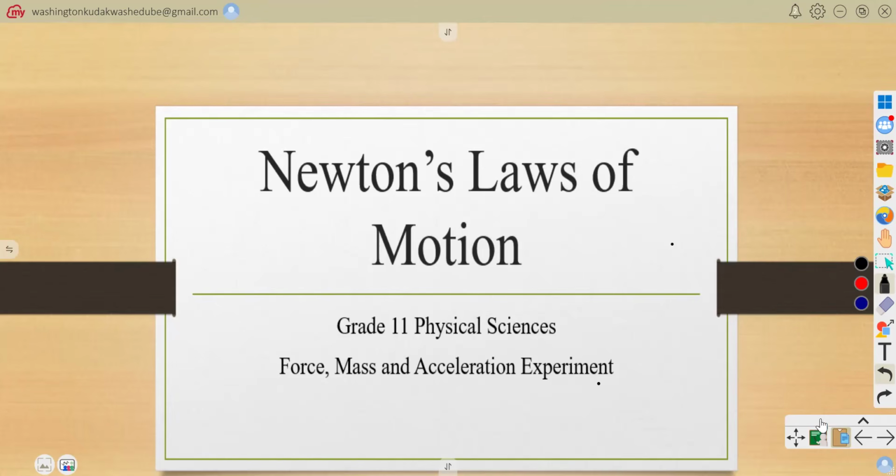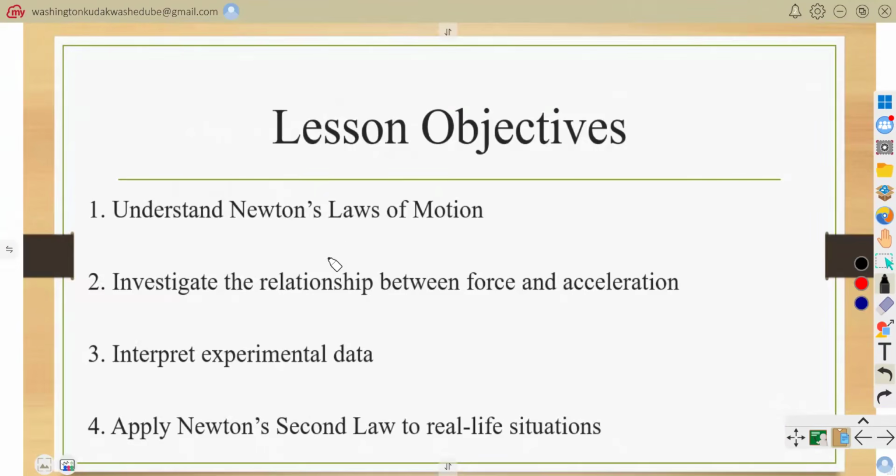Now, the lesson objectives of this lesson: we need to understand Newton's laws. We know that they are what we refer to as Newton's laws of motion, which is Newton's first law, Newton's second law, and Newton's third law. We need to be able to state and define those laws, and we are going to investigate the relationship between force and acceleration. This is usually in relation to Newton's second law. And then we are also going to interpret experimental data, which we are going to get from the investigation.